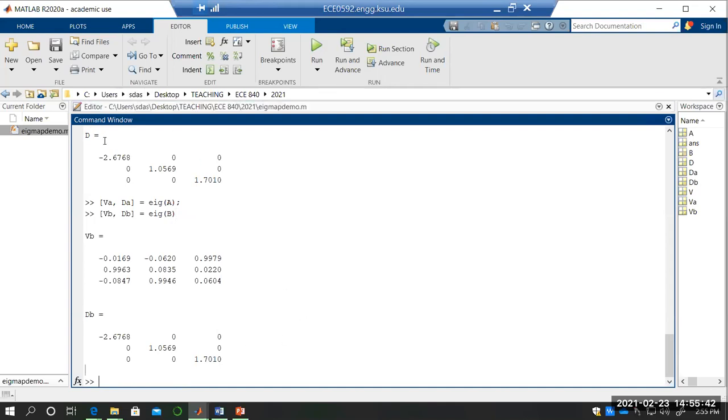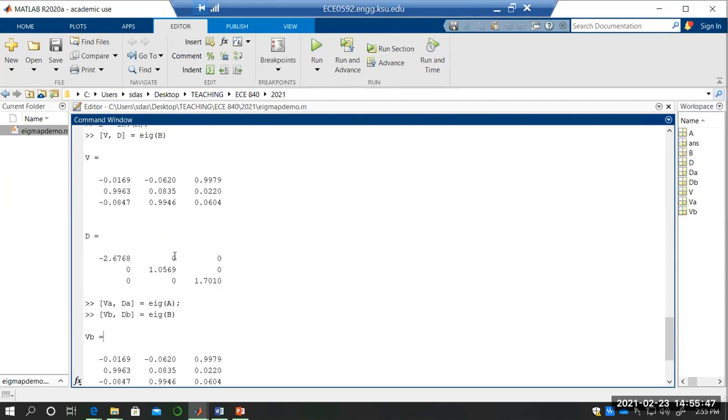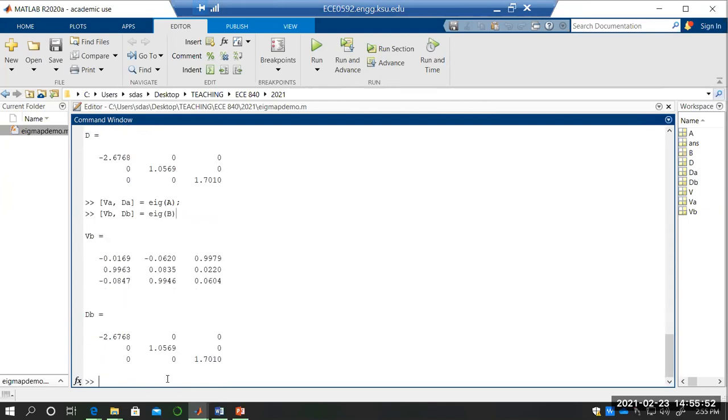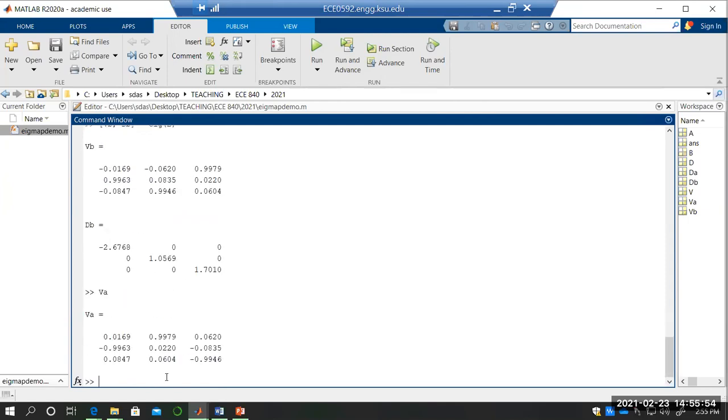Now, this is my VA. Sorry, DA is the eigenvalues of A, and these are the eigenvalues of B. What if I take the element-wise product, dA dot star dB?